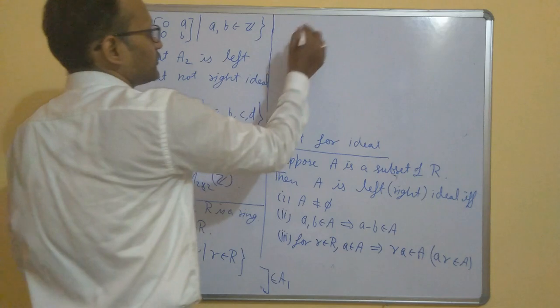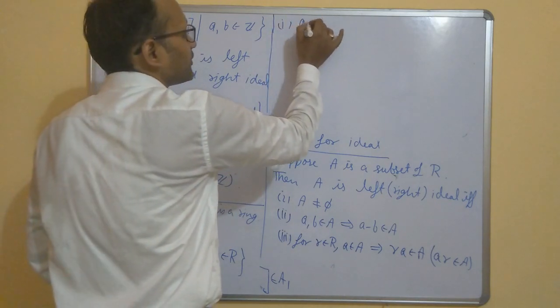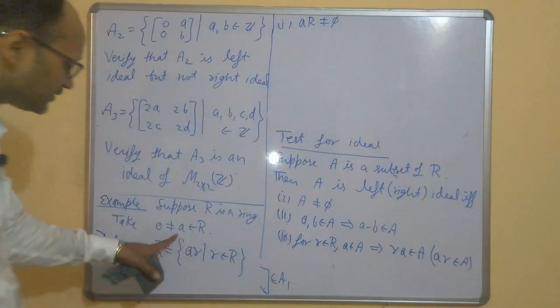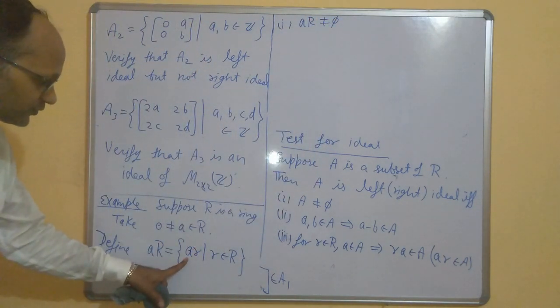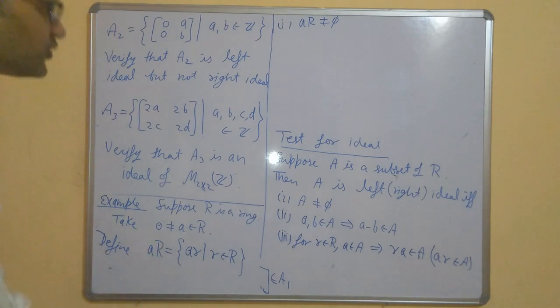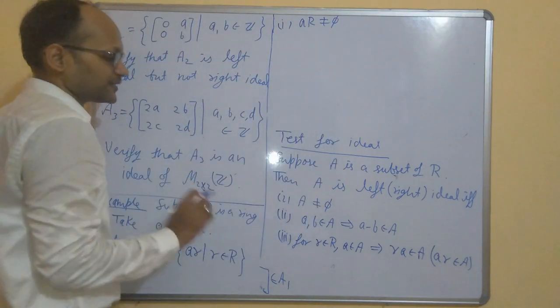So first, this AR is non-empty. Why? Because at least 0 is there in R. 0 into A, you will get 0. So 0 belongs to AR. So this is non-empty because at least 0 belongs to this set.